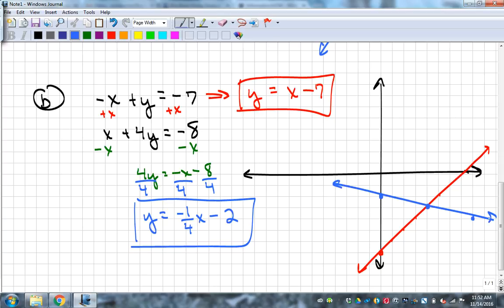How many solutions do we have? 1. So this is consistent and independent. That one solution is right there. I'm going to count that. What's that spot? That's 1, 2, 3, 4, and 1, 2, 3. 4, negative 3 is the ordered pair where those two cross.